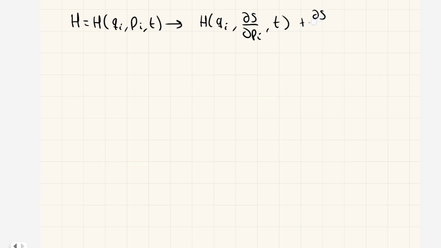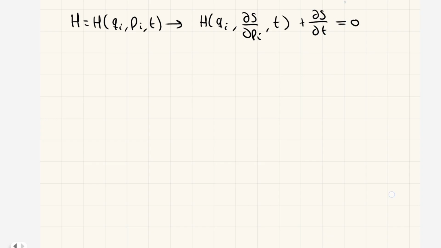We have been working with Hamiltonians of the form H that depends on Qi, Pi, and t, and we know that this corresponds to a Hamilton-Jacobi equation of the form H of Qi, comma, the partial of S with respect to Qi, the time, and then plus the partial of S with respect to time equals 0.